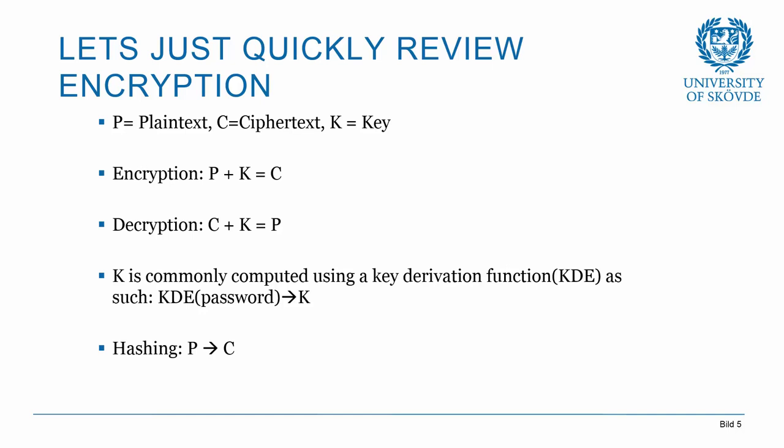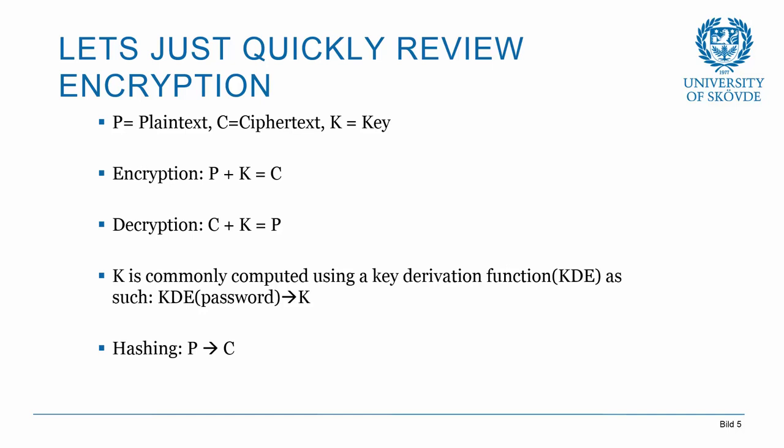We have some variables that we need to be aware of. The plain text, which is the message or the body of data that we want to encrypt in its unencrypted form. We usually denote the plain text as P. And then we have the ciphertext, which is the encrypted, unreadable version of a plain text, and we usually denote this C. Finally, we have K, the key, which is used in the encryption and decryption process to produce either the ciphertext or a plain text.